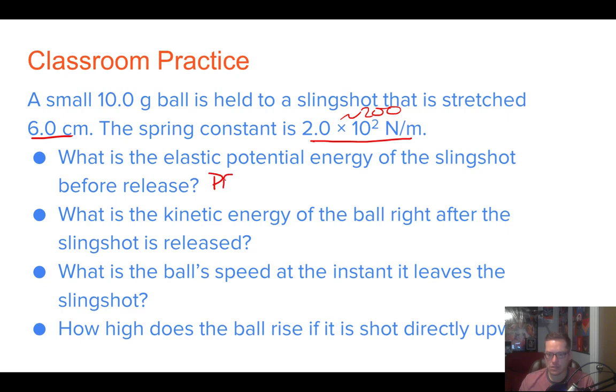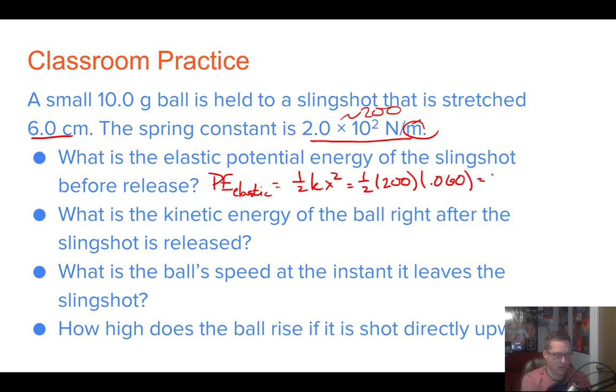Well, elastic potential energy is equal to 1/2 kx squared. So we have 1/2, the k value is our spring constant, so that's the 200, and then the x value is how much we're stretched, which is 6 centimeters, but remember we need it in meters, so it would be 0.060 meters.